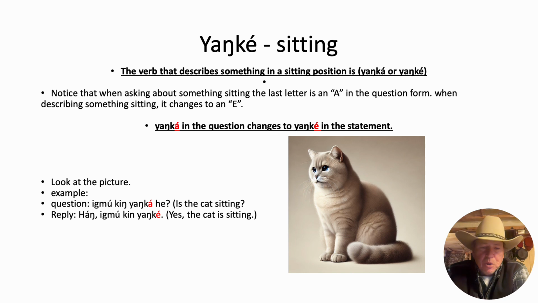He is the female question ending, but men also use he, but females never use huo. Okay, so igmu ki yanka he. Is the cat sitting? And the reply, the statement, is going to change from an A ending to an E ending. So, yes. Igmu ki yanke. Yes, the cat is sitting.